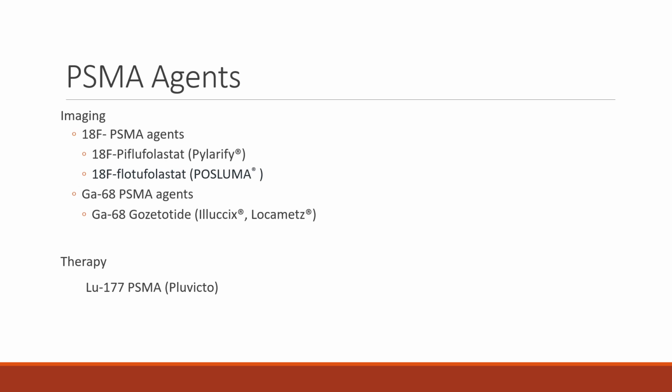It was very poorly done, and it really turned a lot of doctors off of Pylarify because of it. So some of them will prefer gallium because they think it's easier to make and get, and they're just frustrated with the company that makes Pylarify. But other doctors will swear by it because Pylarify does have better image quality. And then the therapy that's used for it, the theranostic therapy part, is the Pluvicto.